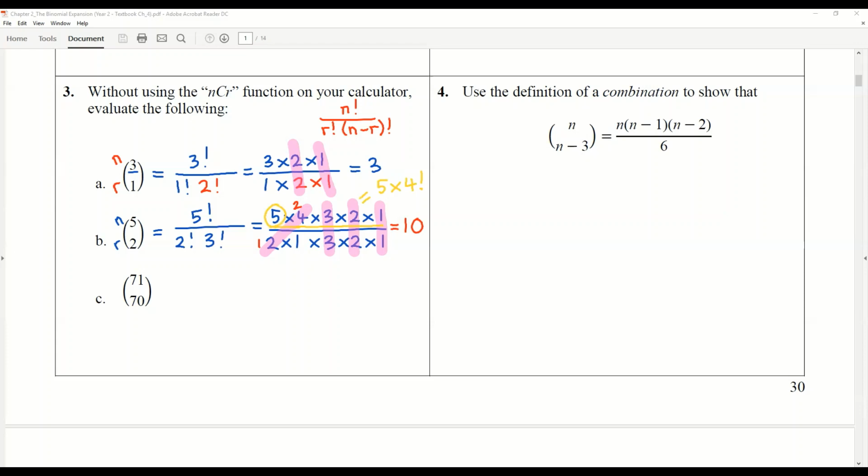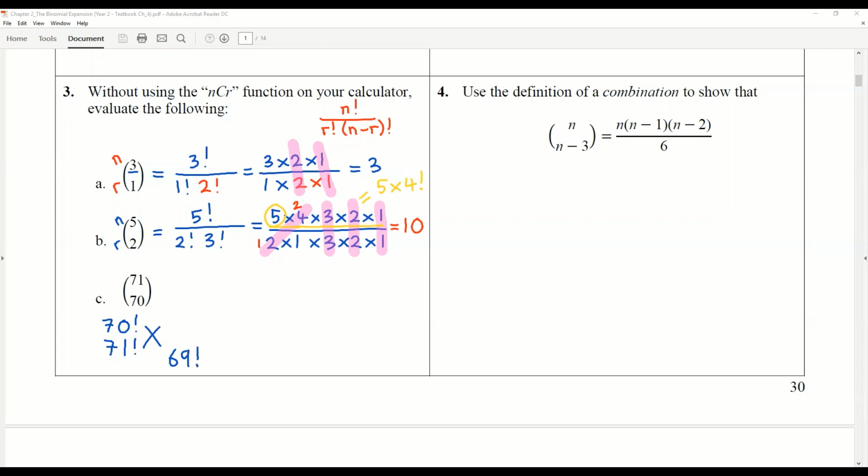Now we're going to use this property shortly because we're going to have to do 71 choose 70. And just as a word of warning, if you've tried this on your calculator already, you'll notice that your calculator doesn't like 70 factorial or indeed 71 factorial. In fact, your calculator can only handle up to 69 factorial.